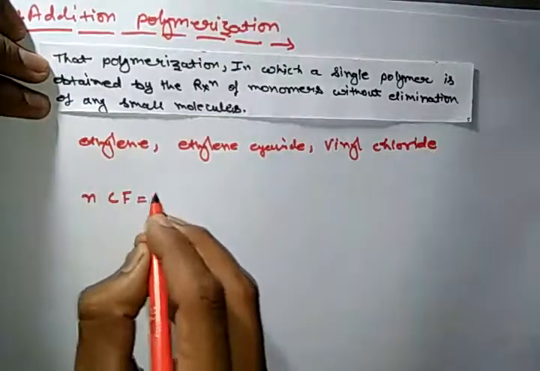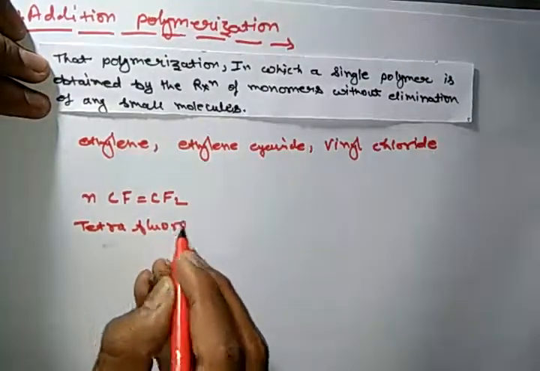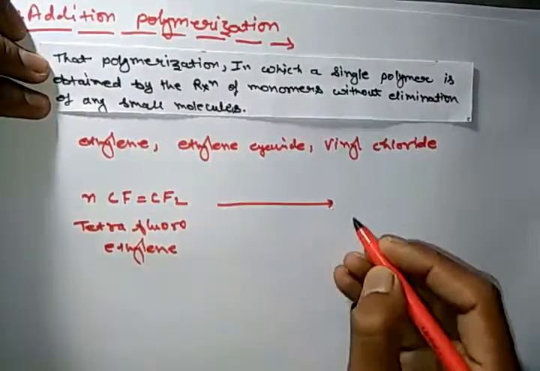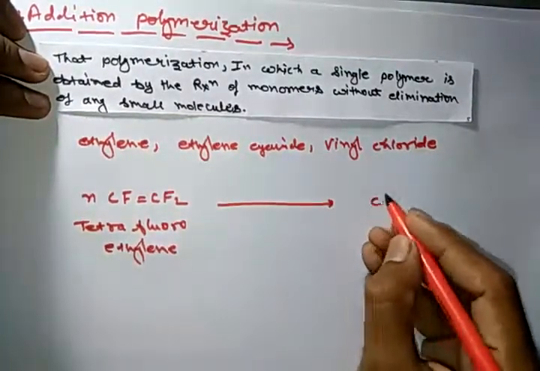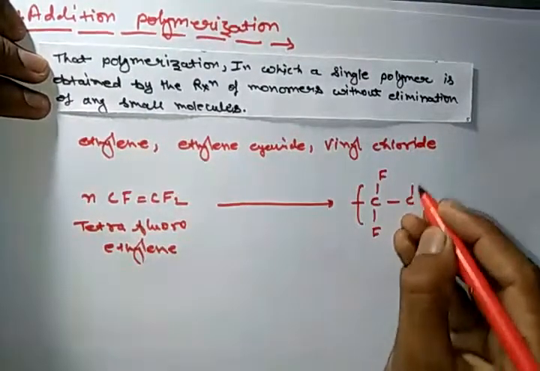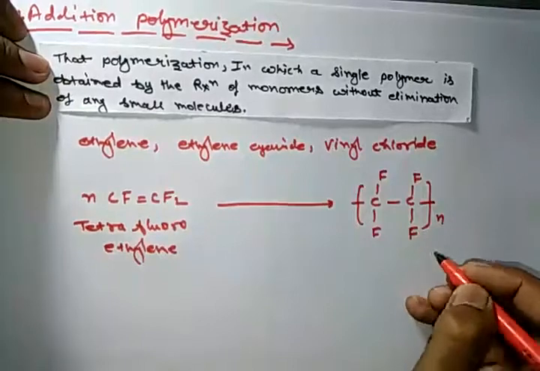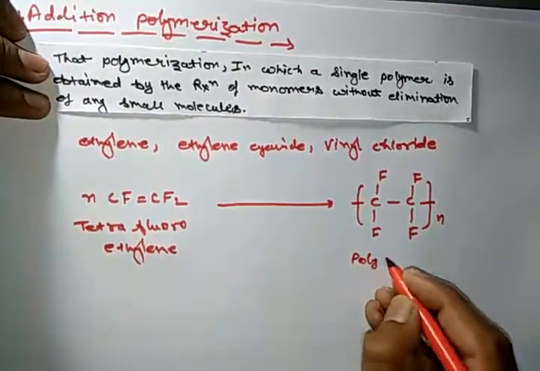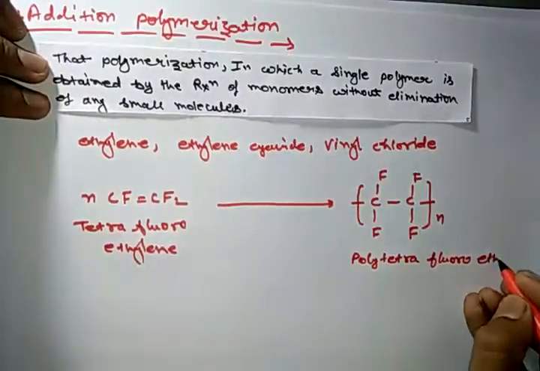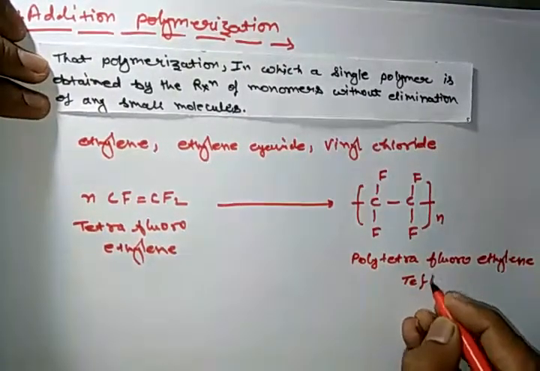Tetrafluoroethylene undergoes polymerization and polytetrafluoroethylene is obtained. It is also known as Teflon.